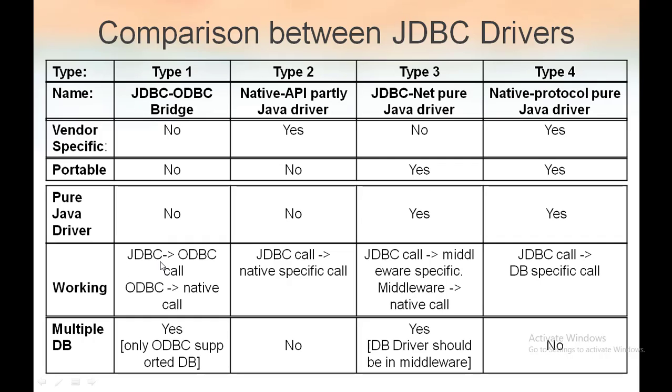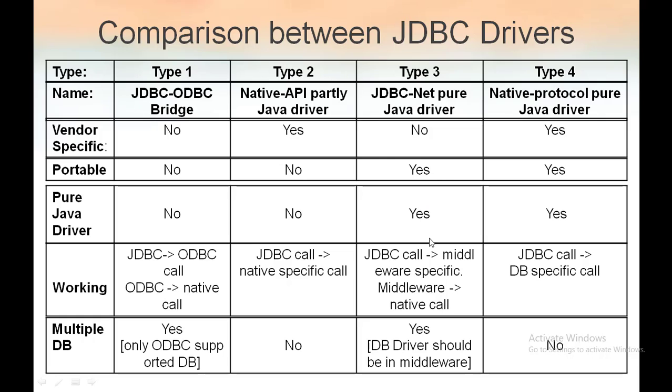Working of type 1 driver. Type 1 driver converts JDBC call into ODBC call and then it converts ODBC call into native call. Type 2 driver converts JDBC call into native specific call. Type 3 driver converts JDBC call into middleware specific call and middleware converts this call into native call.